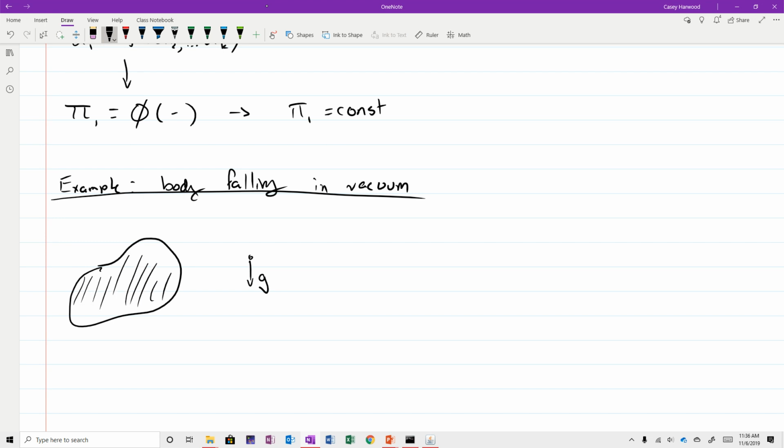It's got some characteristic length, some characteristic height maybe, and it has a density of rho.